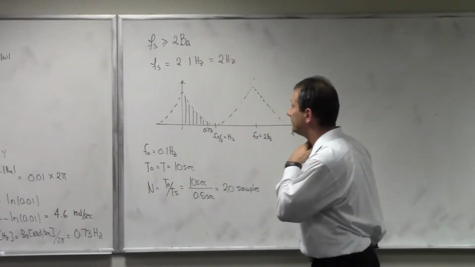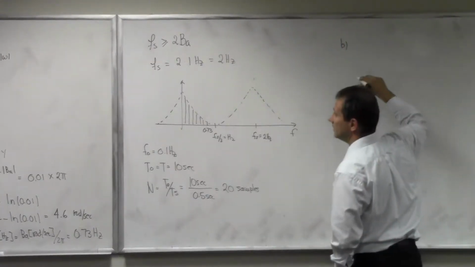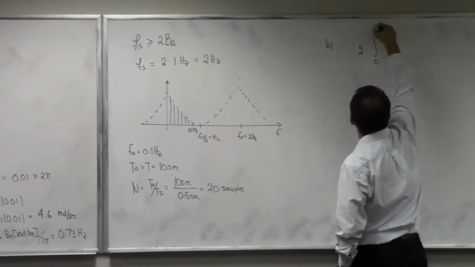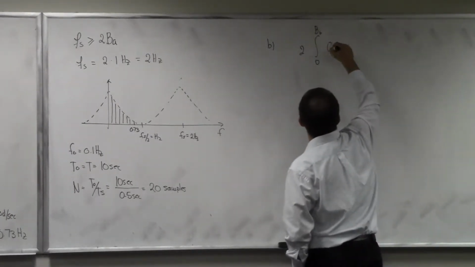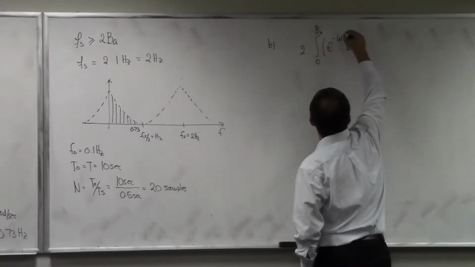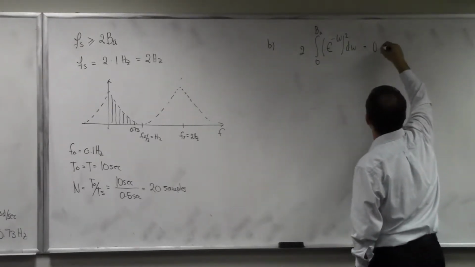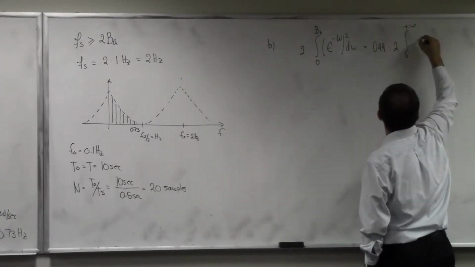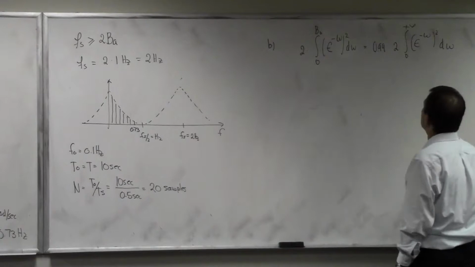Okay, so part B. It's only the bandwidth that's difficult here. So how do I do part B? I would say 2 times the integral from 0 to B, in radians per second, of e to the minus w, dw, quantity squared, has to be equal to 0.99 times 2 times the integral from 0 to plus infinity of e to the minus omega, quantity squared, d omega, right?